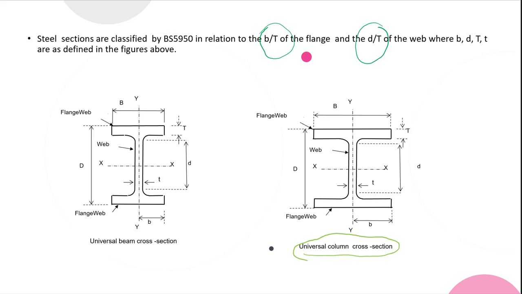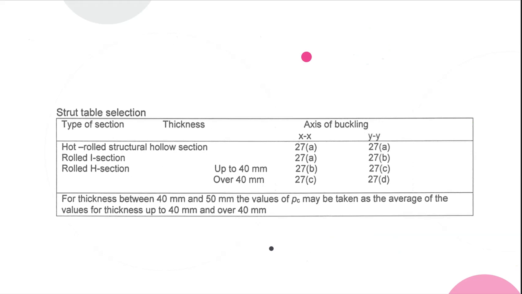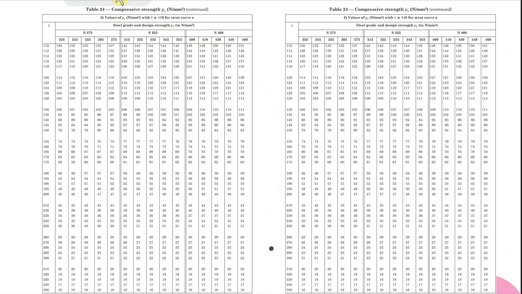Okay, here this one is actually because we want to calculate the compressive strength, PC, so it is different from the way we calculate for a beam. Because for a beam we look at the shear force and moment.